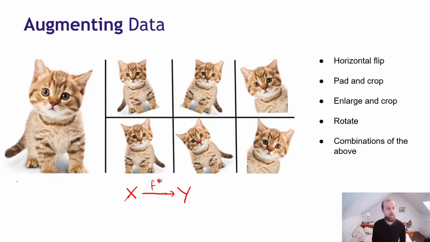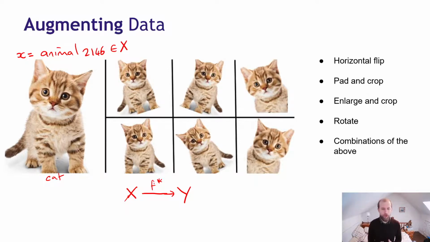So in this case, maybe this is animal 2146. That's the input data, and the label is just going to be cat. Okay, and so this is going to be small x, and x is going to be an element of the data set.